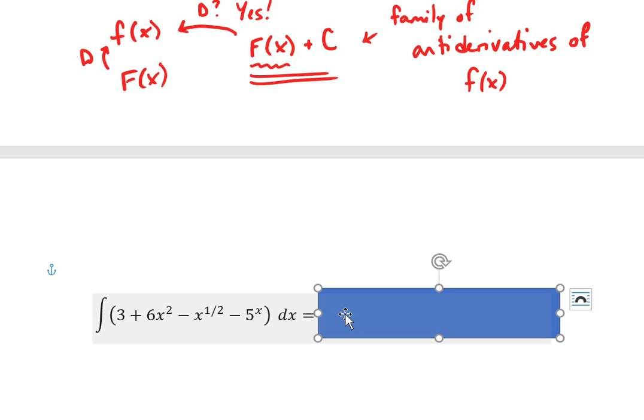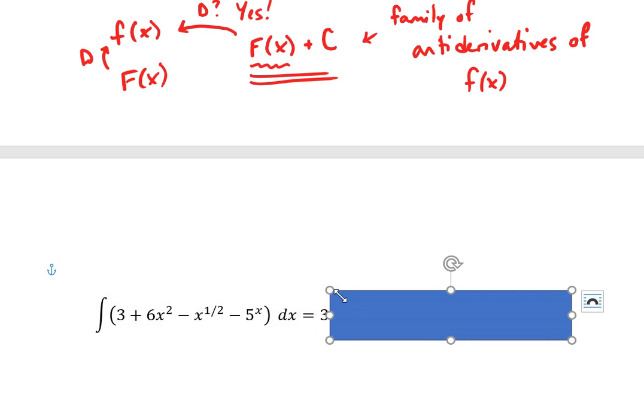The integral of the 3 is just going to give me 3x. That's just the integral of a constant. The integral of the 6x squared. Now I have a 6 times my x squared, so I can just take the integral of the x squared piece and then multiply that 6 back in at the end.